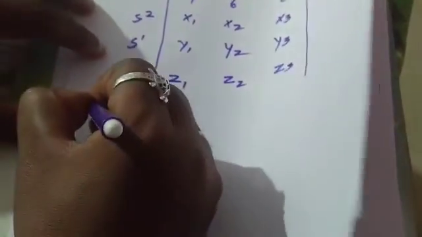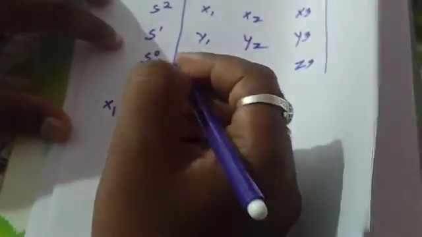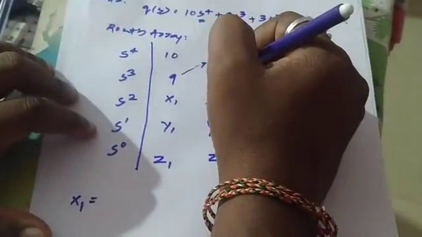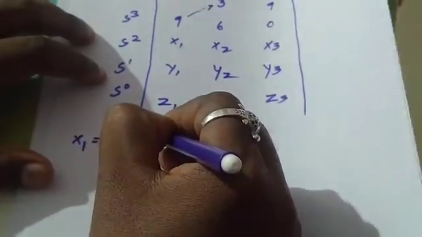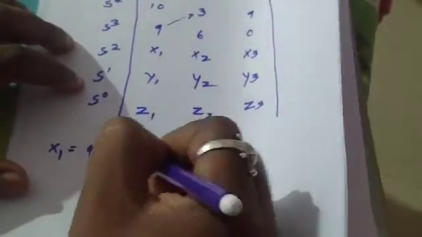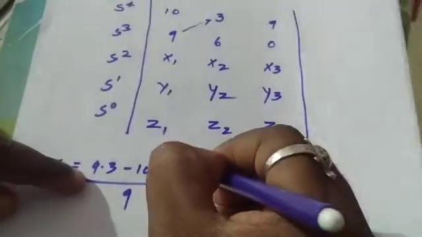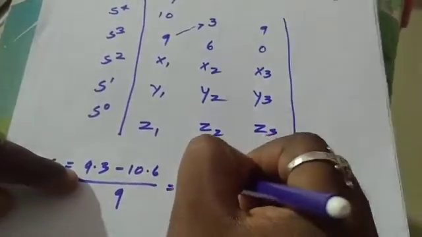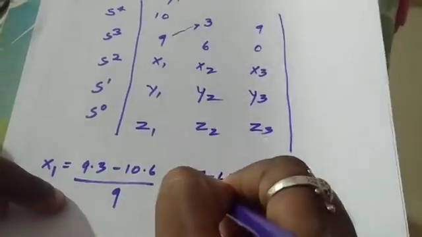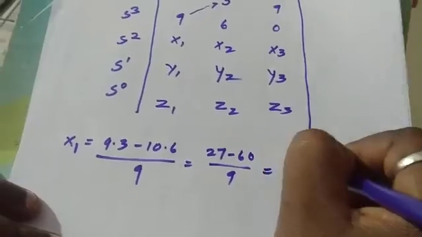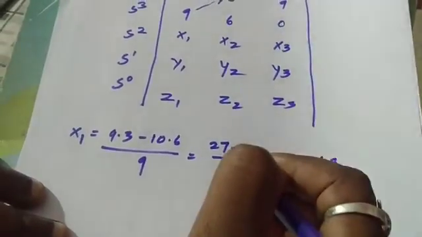X1 is equal to what? X1 is equal to (9 into 3 minus 10 into 6) divided by 9. 9 into 3 is 27, minus 60, divided by 9. It will be giving minus 3.67 after calculation by calculator.